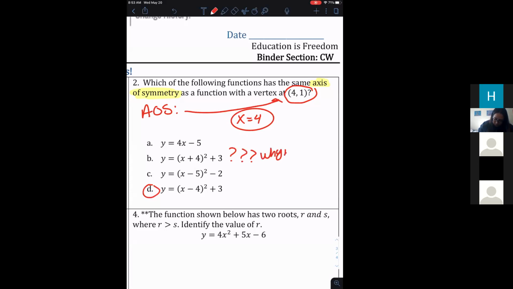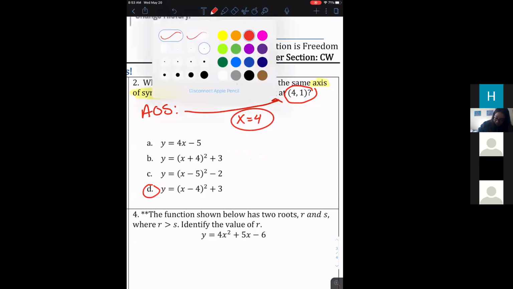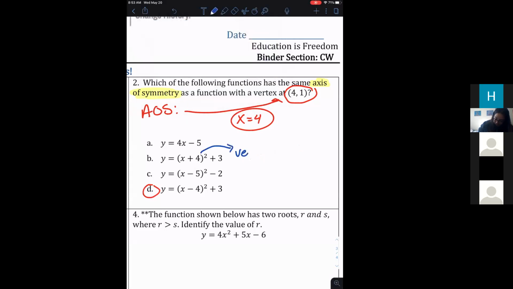Because it's in vertex form, so you have to change the x value. If it's positive, you change it to negative, and if it's negative, you change it to positive. Okay, Miss McLeod, beautiful vocab. We've been paying attention. Very nice. Be careful, that's that trap, don't fall. Good job, Heaven. Very, very nice. Beautiful work there.